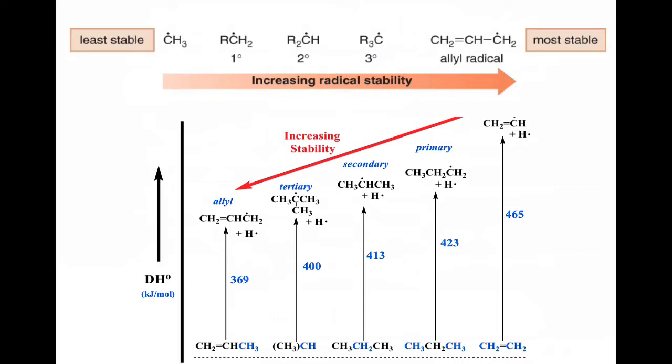This looks like, if you ignore the pi bond, what type of radical? It looks like a primary radical, but it is not a primary radical, right? It is not this at all, but if you look at the stability, it is an allylic radical, and it is a lot more stable because of the resonance structures, okay?